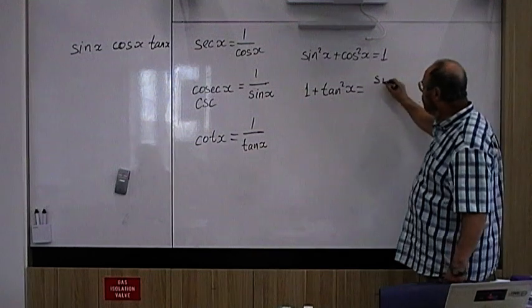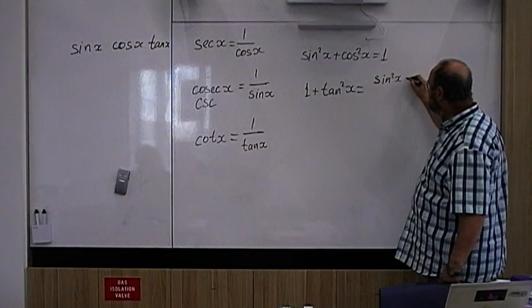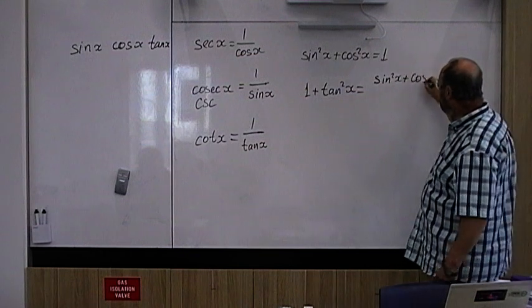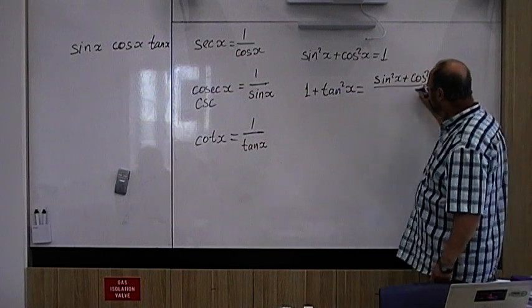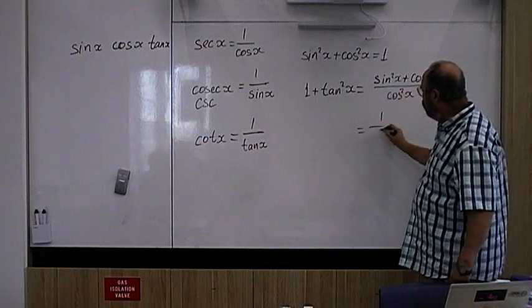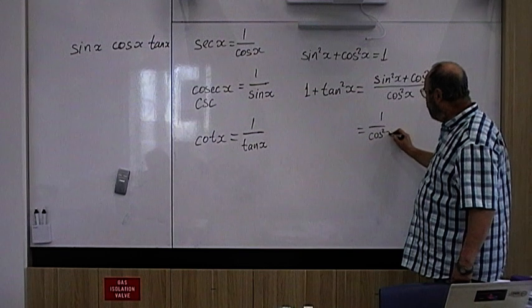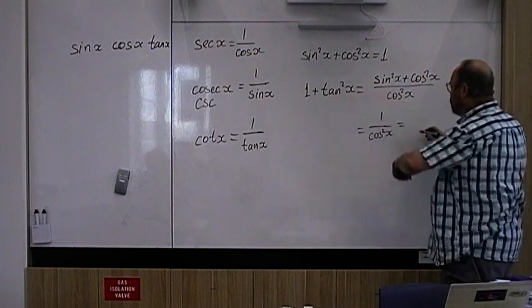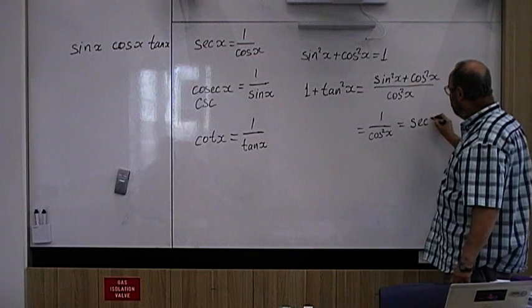So we'll get sine squared x plus cos squared x over cos squared x, which is 1 over cos squared x, which, if you look here, is secant squared x.